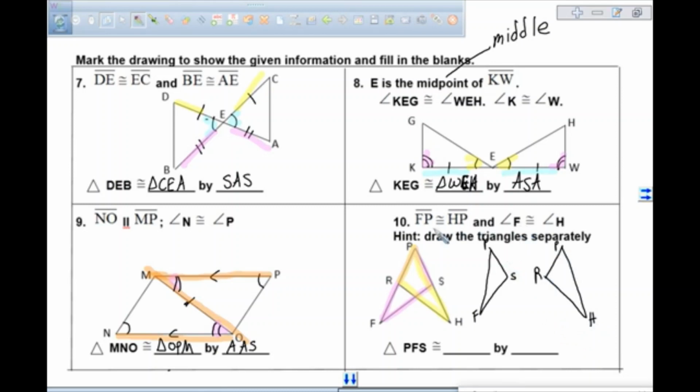Now we know that segment FP is congruent to segment PH or HP, and we know angle F is congruent to angle H. So right now we have one set of angles and one set of sides. Is there anything else that these triangles share?